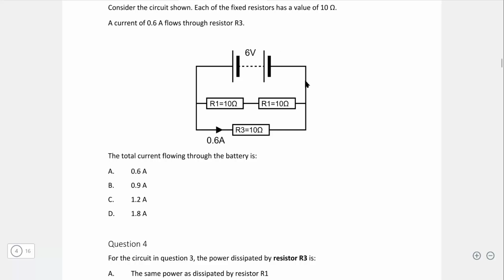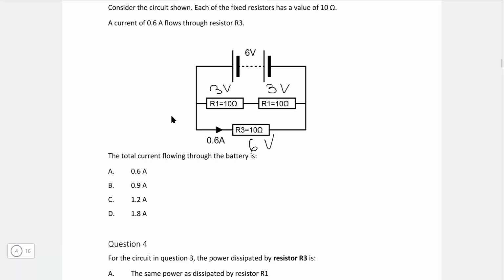Because these are in parallel branches, if we have 6 volts across the power supply, then we're going to have 6 volts across each of the individual branches. So the potential difference across this branch here will be 6 volts, and the potential difference across this parallel branch in the middle in total will be 6 volts, which means that we're going to have 3 volts across here and then 3 volts across here.